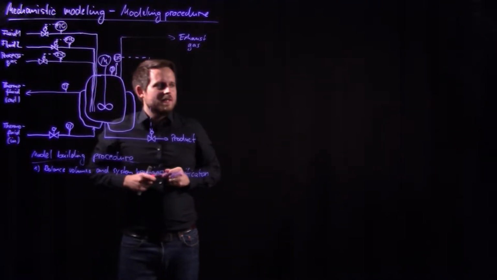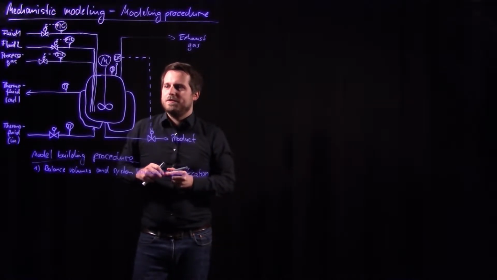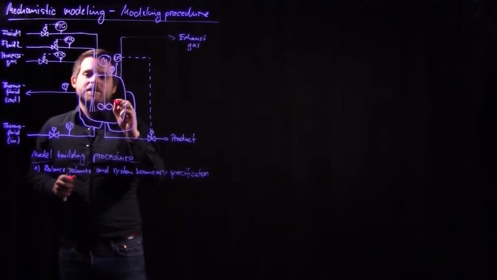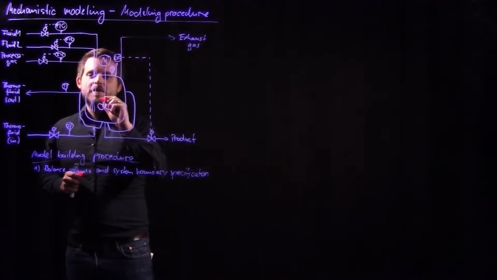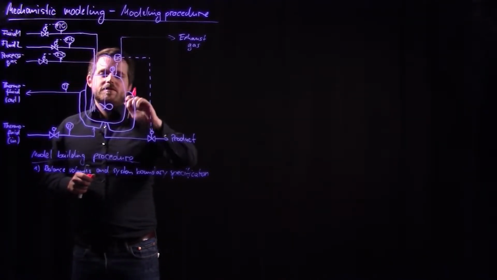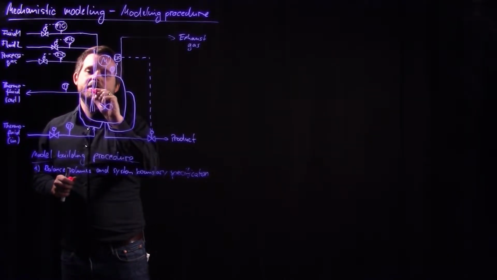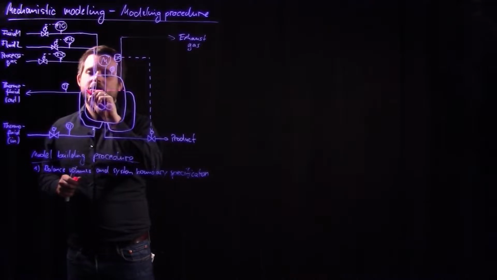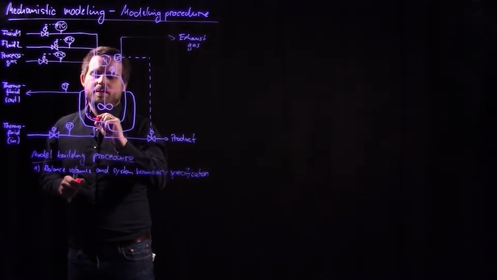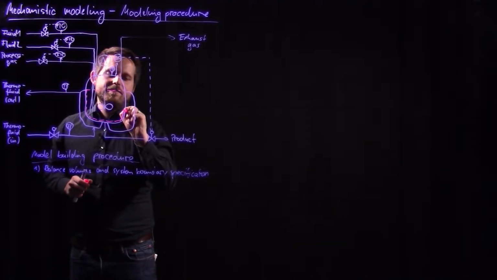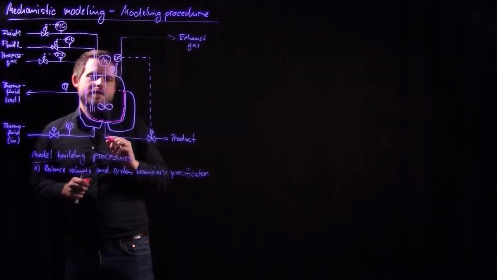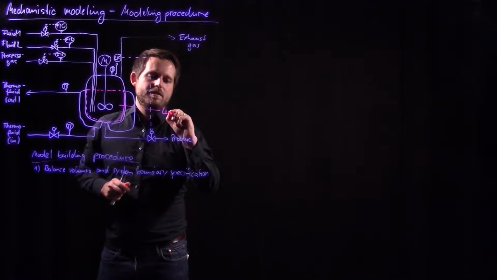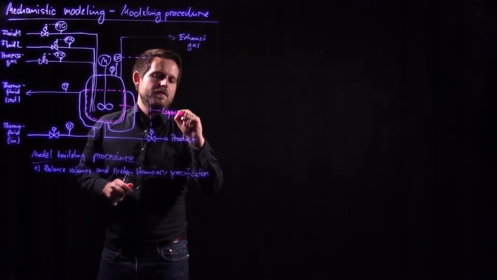And one balance volume within our system, an example would be the balance volume for the liquid in the system. So if we assume this reactor is filled with a liquid, then we might have an area here where we have a liquid fluid in the system. So this is my liquid phase.